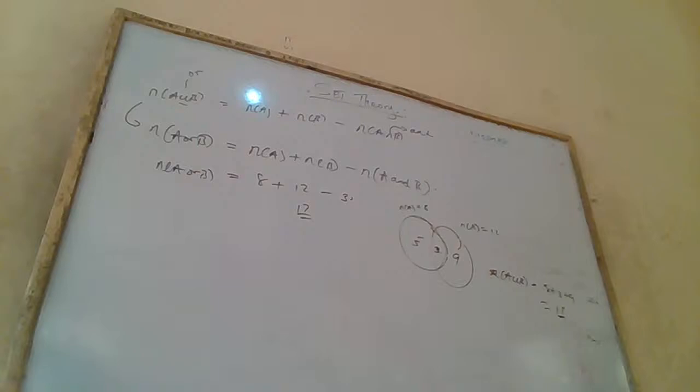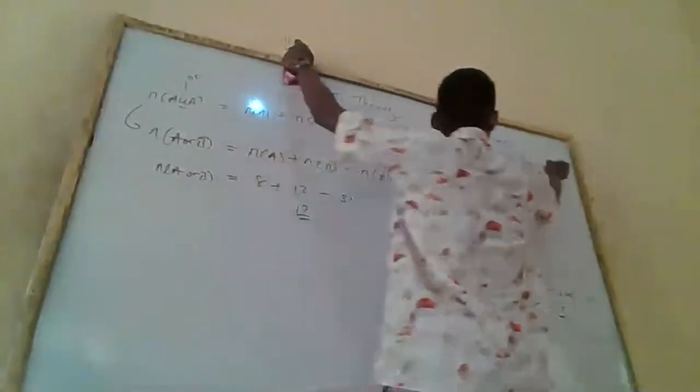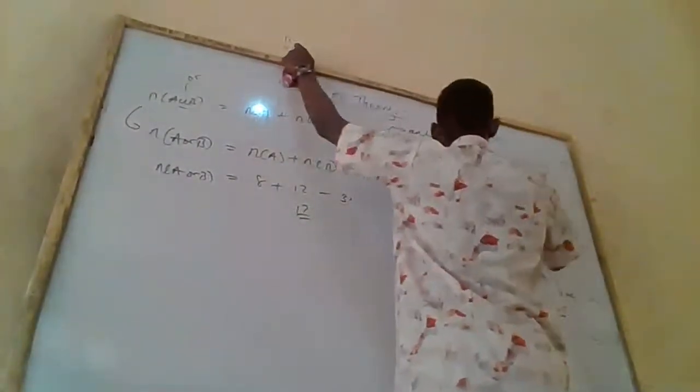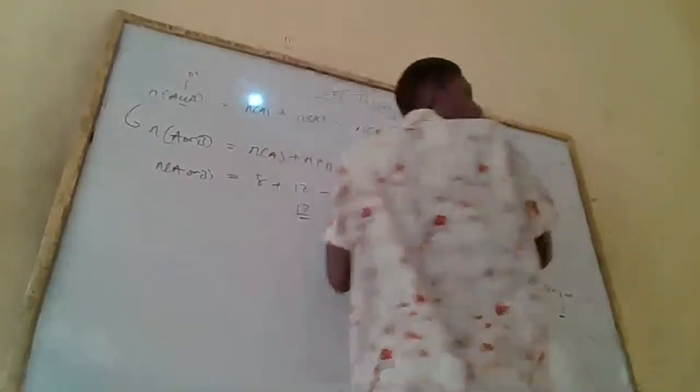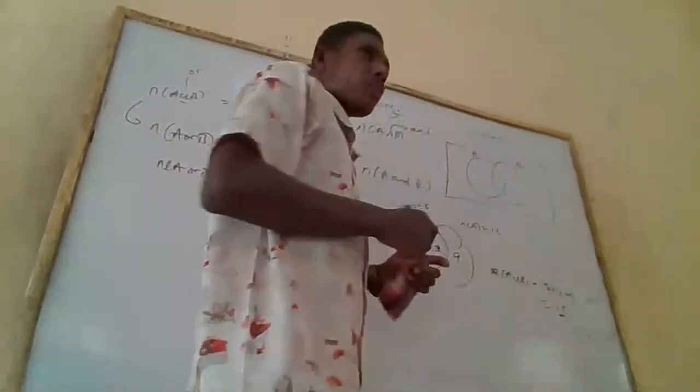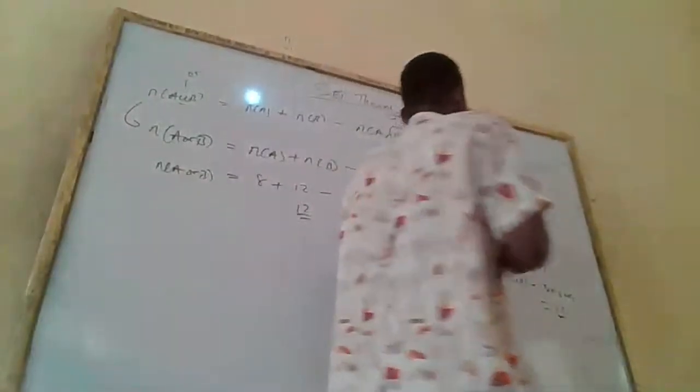The second part. Now let me give you something. If I do something like this, let me give you a special. Now let me label this region for you. Now listen very carefully.